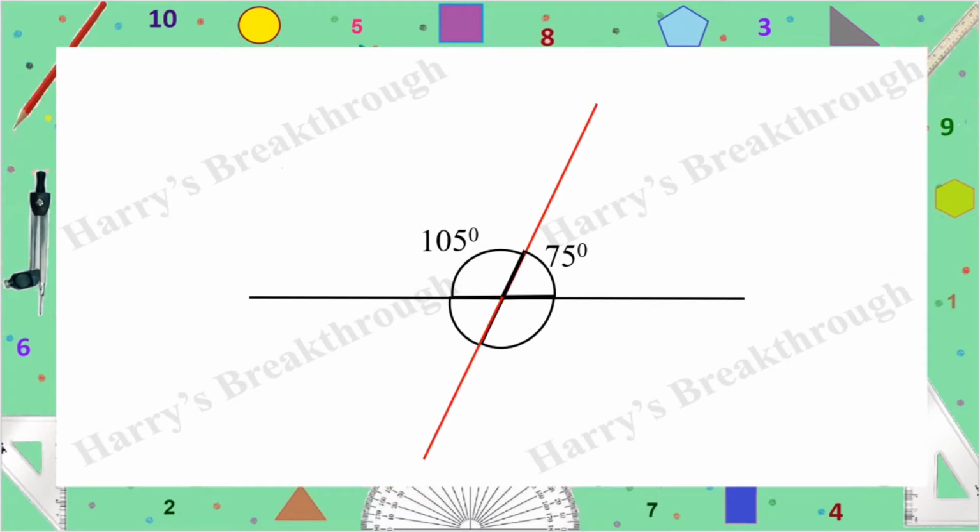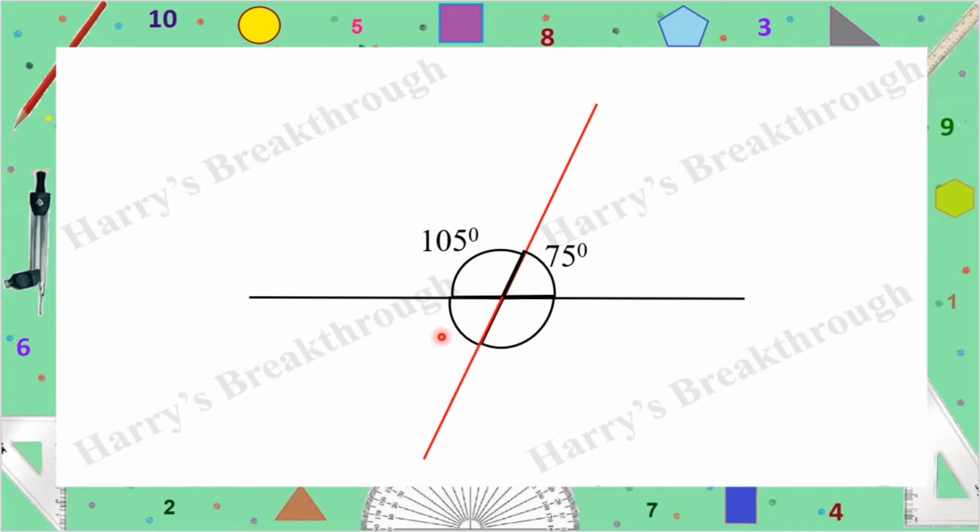Here you can see a red slanted line. On the left side of this slanted line, you can see a pair of linear angles, and also on the right side, you can see another linear pair. So using the idea of linear pair, you can find these two angles.